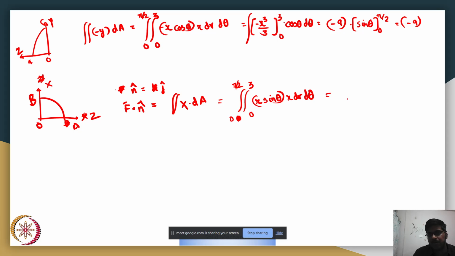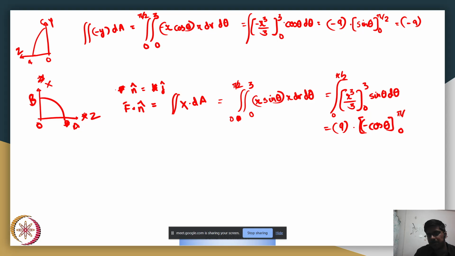That is r cubed by 3 over 0 to 3 times sine theta d theta, which is 9 times minus cos theta from 0 to pi by 2, which is 9 times 0 minus minus 1.